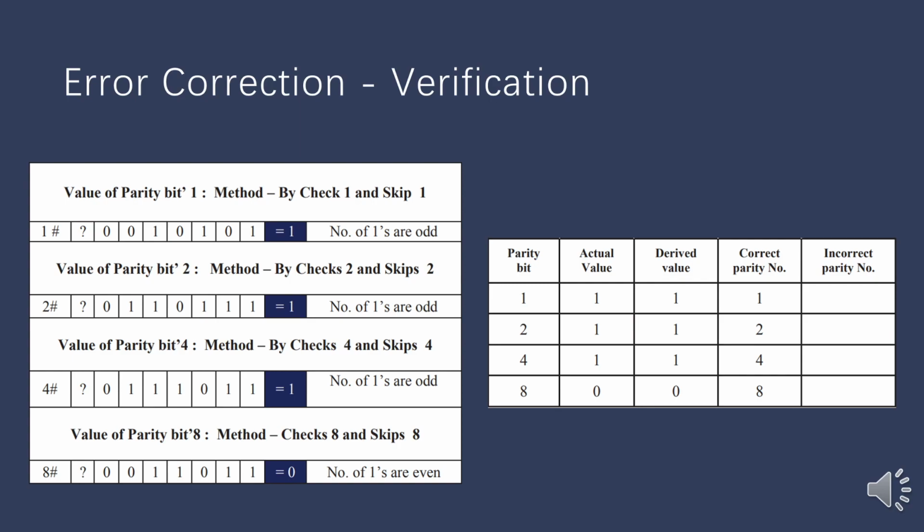After detecting the error, we can find which bit has the error by adding the sequence numbers of the incorrect parity bits. The result gives the sequence number of the incorrect bit. After finding it, we can easily correct the error.